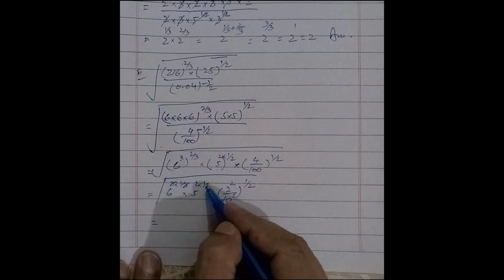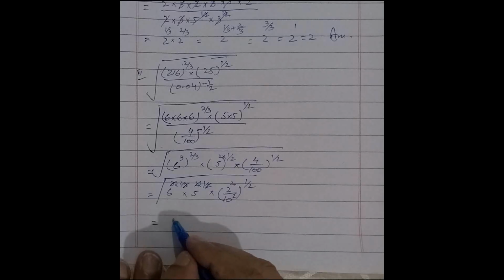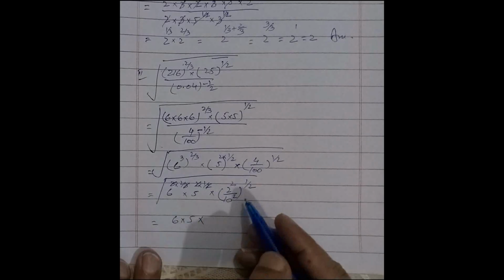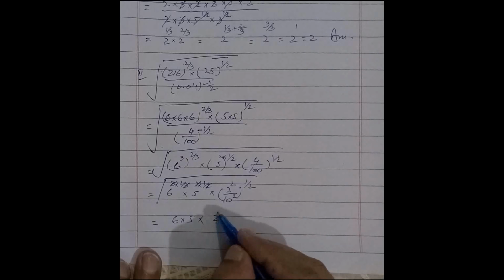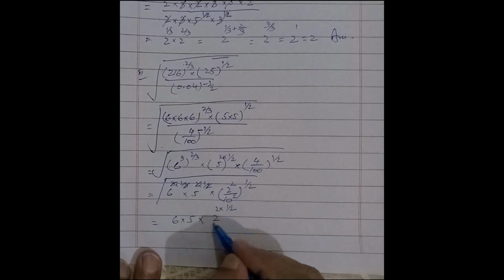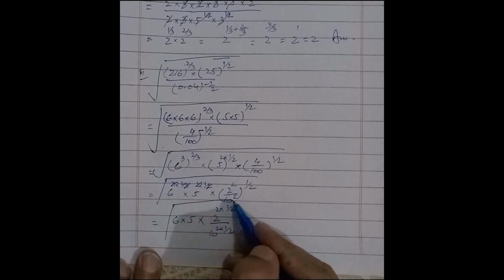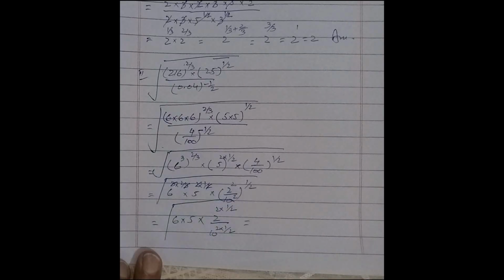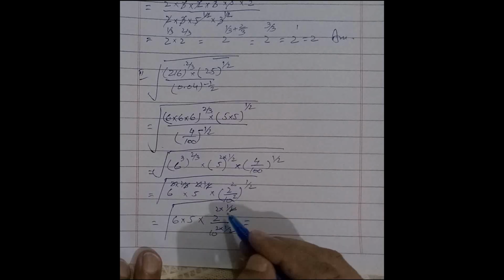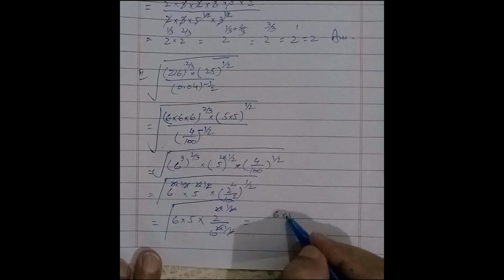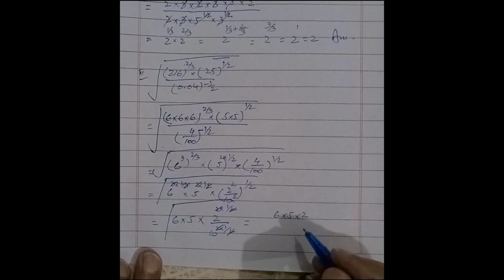Cancel 3 with 3, 2 with 2, we get 6 multiplied by 5 multiplied by, here we multiply 2's power 2 multiplied by 1 over 2, 10's power 2 multiplied by 1 over 2, and then takes square root. Now simplify it. These cancel with these. We get 6 multiplied by 5 multiplied by 2.